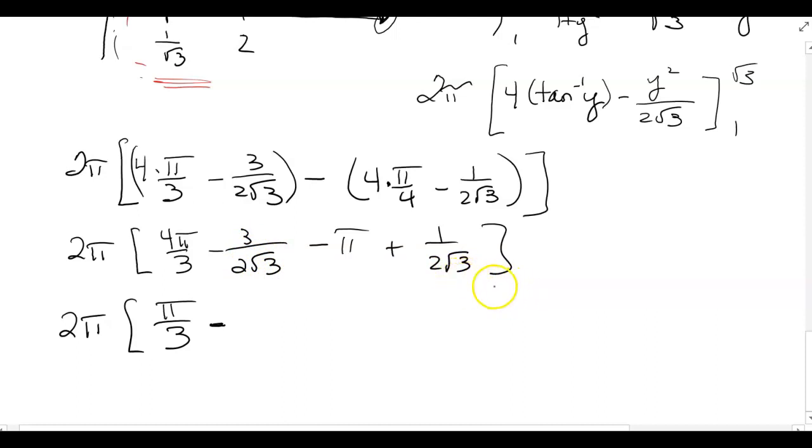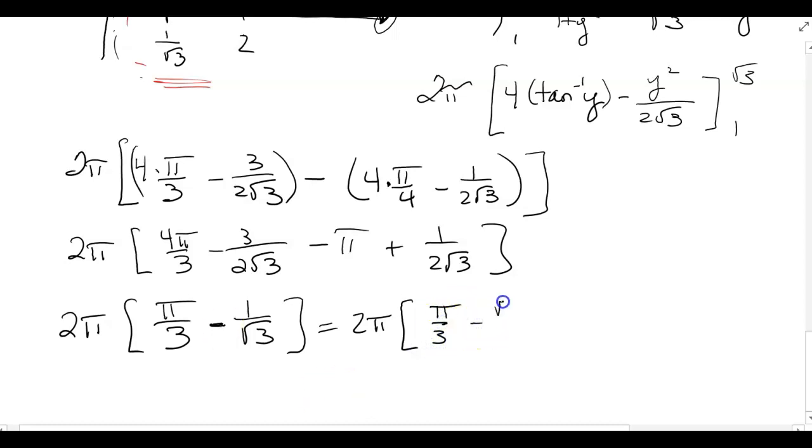Sorry, I keep saying pi over 3. And that just becomes 1 minus radical 3. I don't know how far MyMathLab is going to make you want to go. If you don't like the look of this, you can certainly clean it up a little. We usually don't like to write 1 over radical 3.